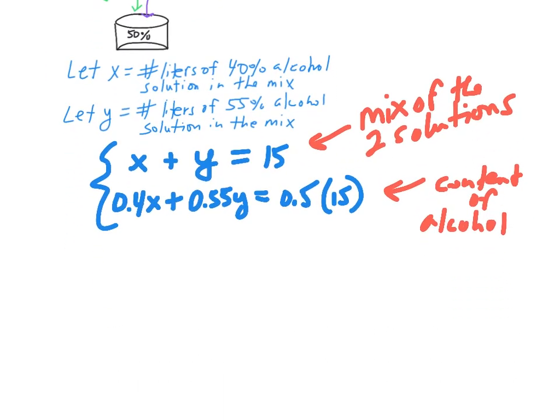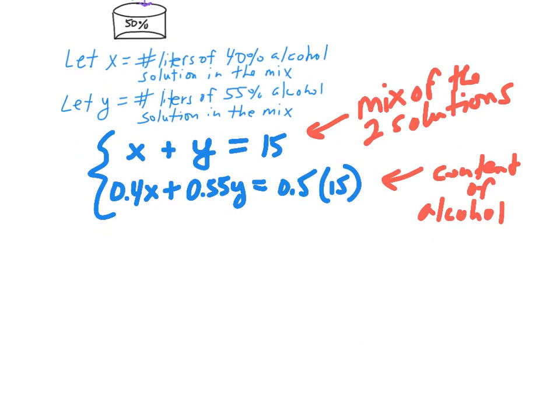All right, so just to be different, I'll use elimination on this one, but I could certainly have used substitution again. I'm taking that first equation and multiplying by negative 0.4.